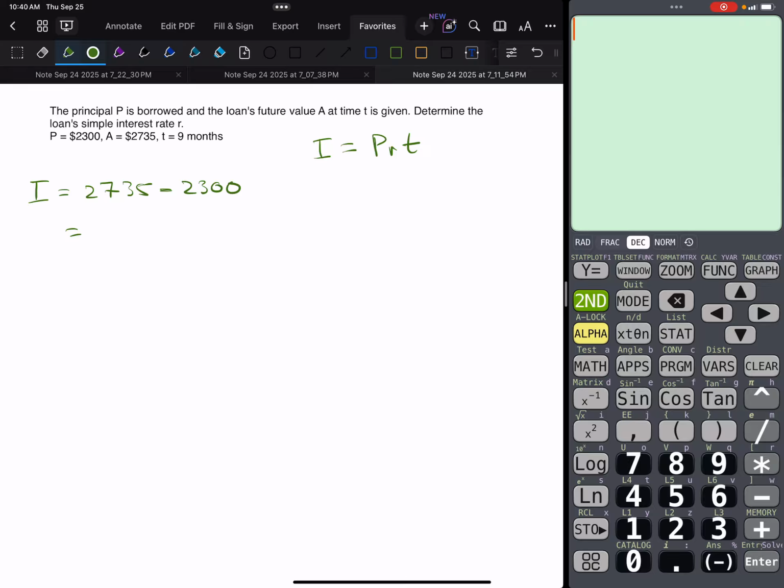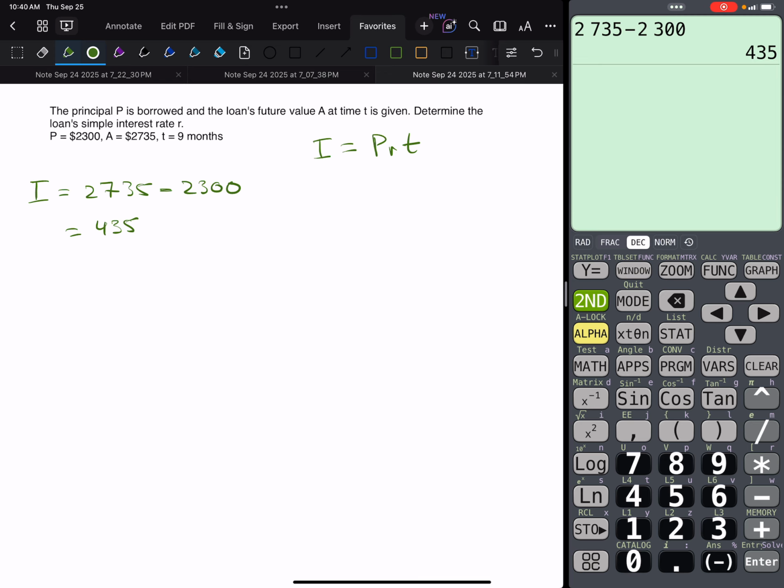And so that'll be $435. And we can check that if we want to be extra certain that we didn't do something silly. $2,735 minus $2,300. We are right, $435. Good.